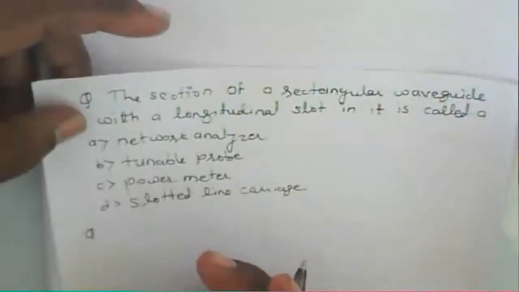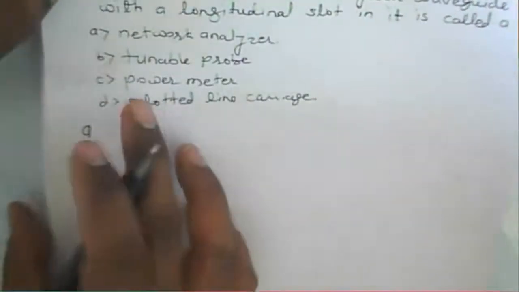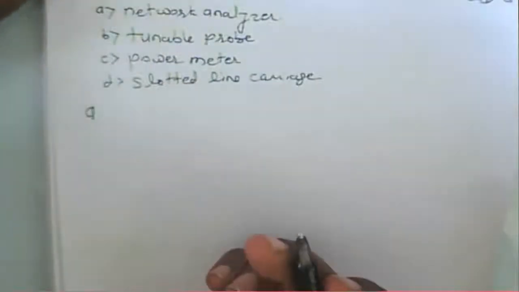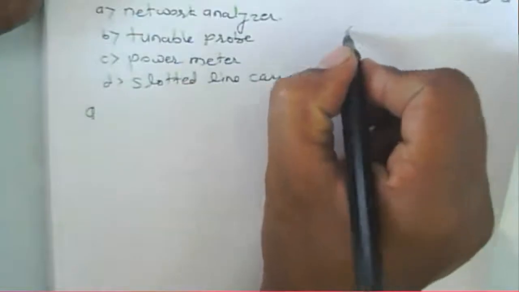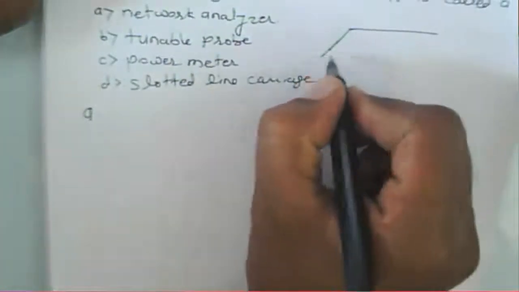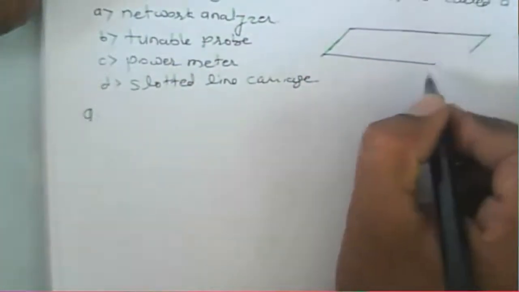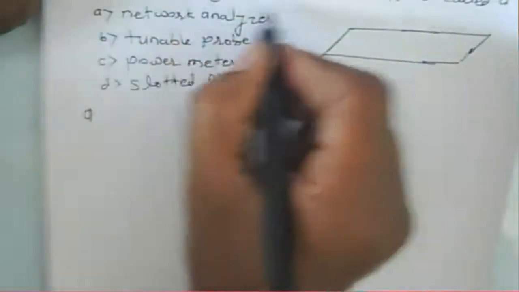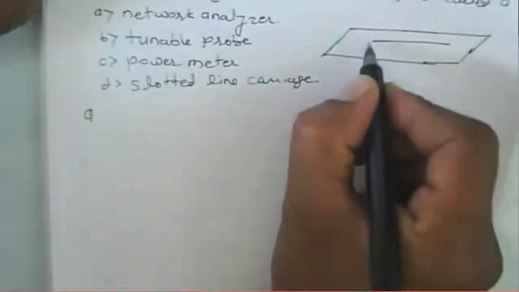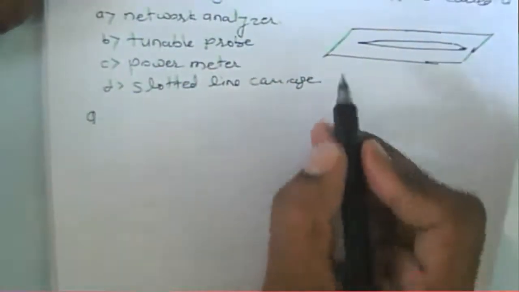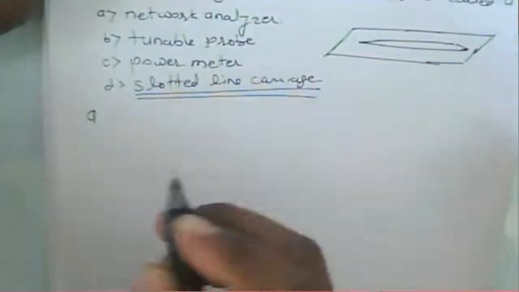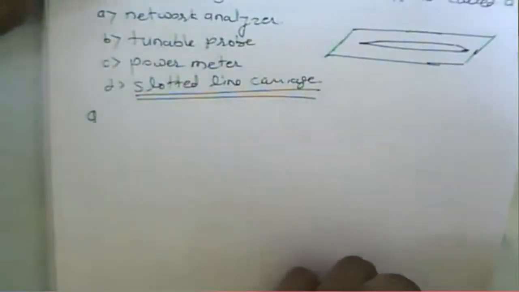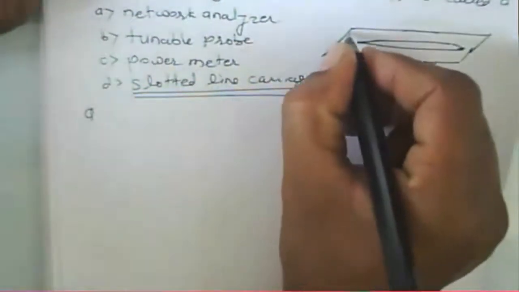Now type your answer for this. Someone says D, Mansi says D. The section of a rectangular waveguide has a longitudinal slot, so that's why it is called a slotted line probe carriage.